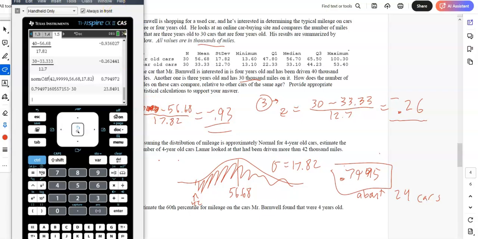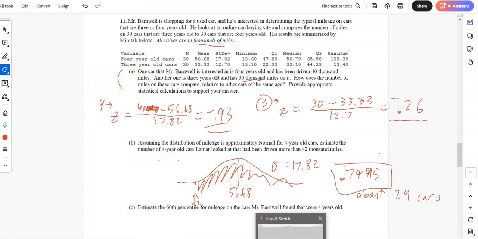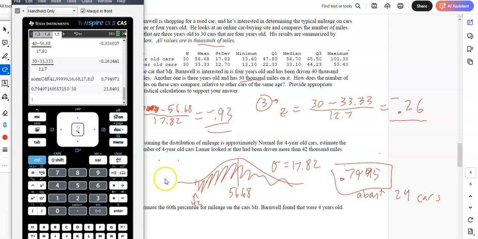The other thing you want to do here is, with this command, norm CDF, you need to show your work. The lower was 42, the upper was infinity or something like that.